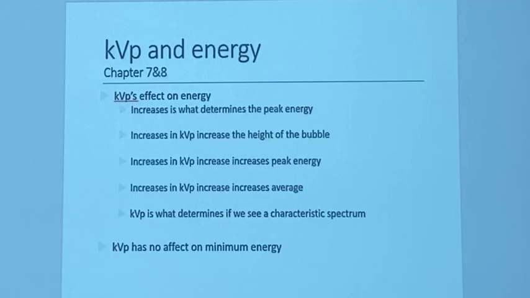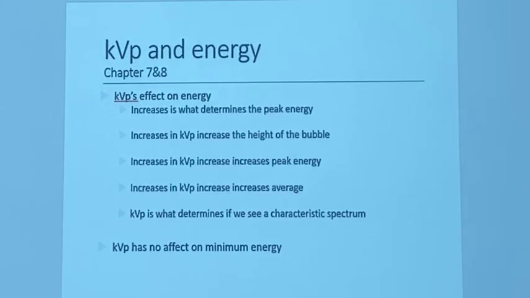All right, so chapter 7 and 8 are kind of lumped together. So what is KVP's effect on energy? Increases in KVP is what determines the peak energy. So you increase your KVP, then your peak energy goes up for the reasons we talked about before. You've got more to lose, and the creation of X-rays is all about loss of kinetic energy.